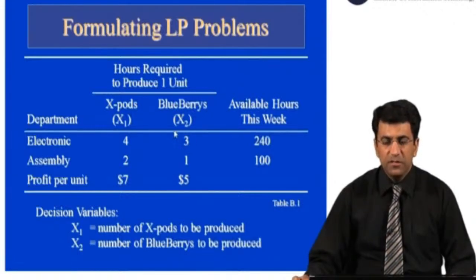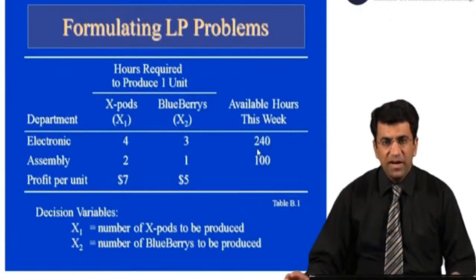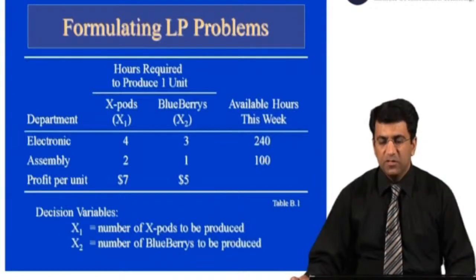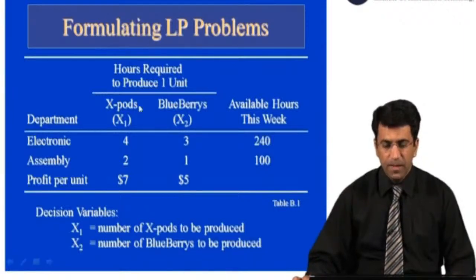Now this is represented by these figures, and here are the available hours this week: per week you cannot do more than 240 hours of electronics work on either product, exports or blueberries. So these are your constraints, that you cannot work beyond this limit of working hours.